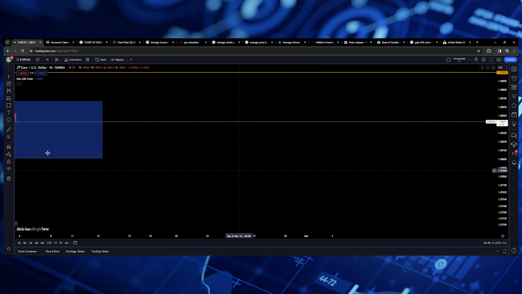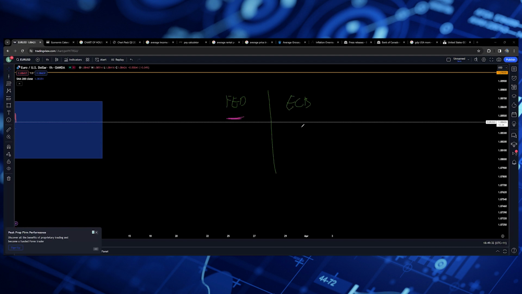Let me grab a pen. Okay, so we have the Fed here, and we have the ECB here. The Fed said something in pink. ECB said something in white. Then the Fed said something in yellow.